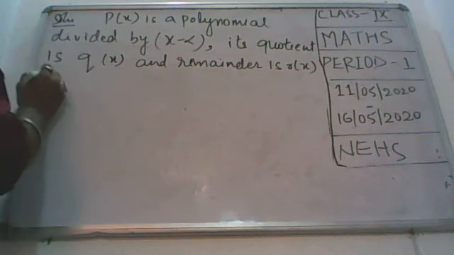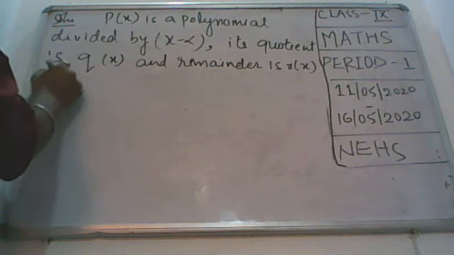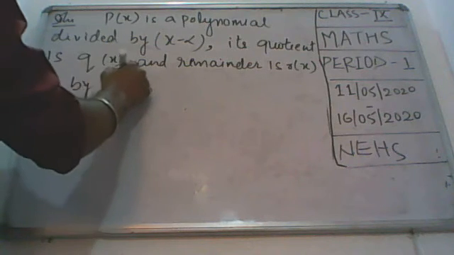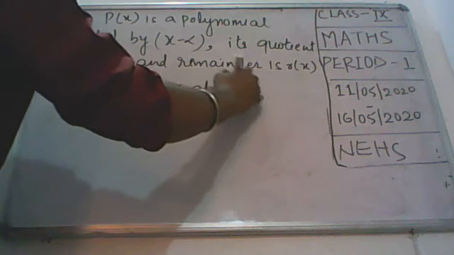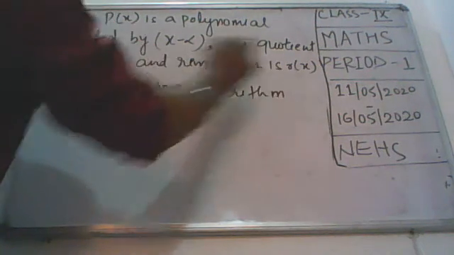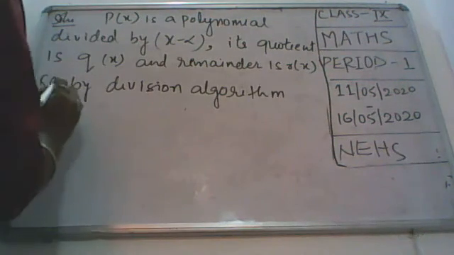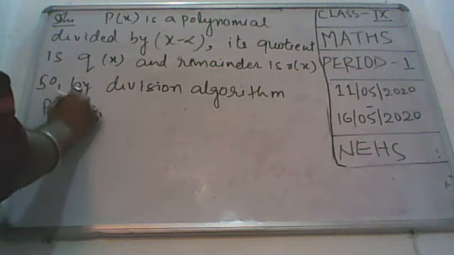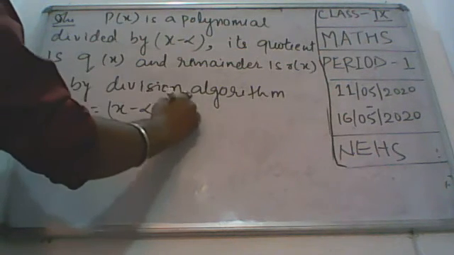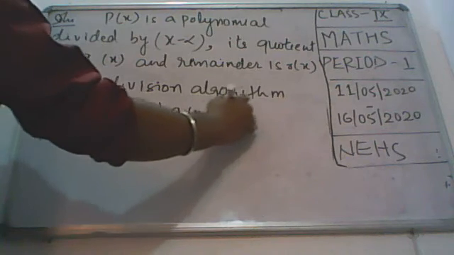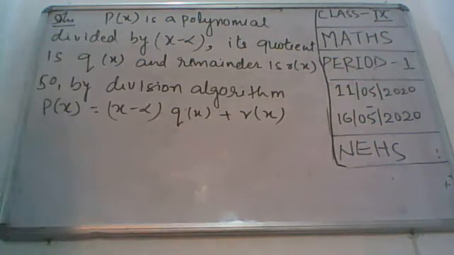Okay, if it is divided by this, then we can apply the division algorithm here. So by the division algorithm, we can say that P(x) is equal to the divisor x minus alpha, times the quotient Q(x), plus the remainder R(x). One condition is there. What is the condition?